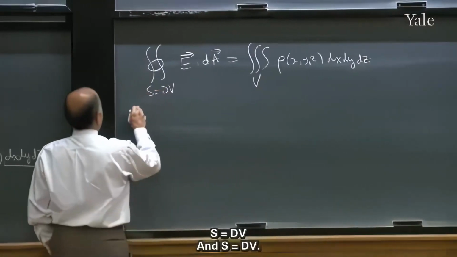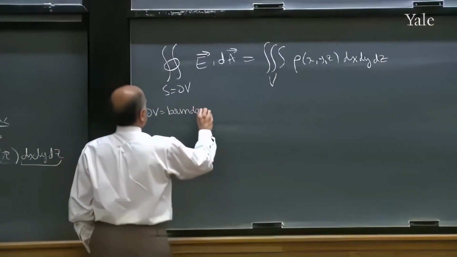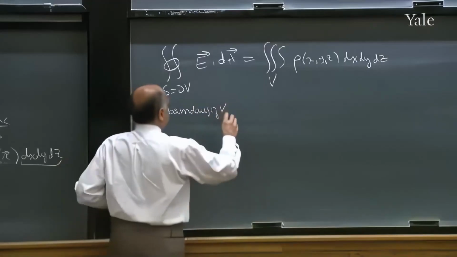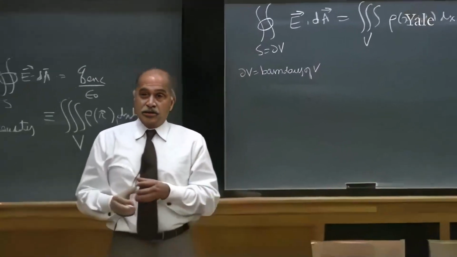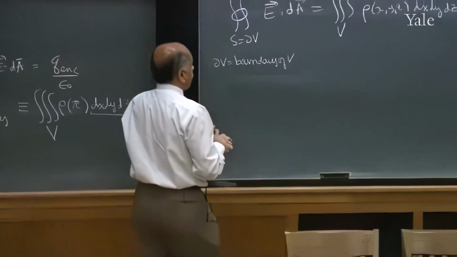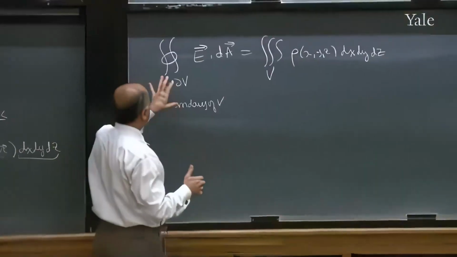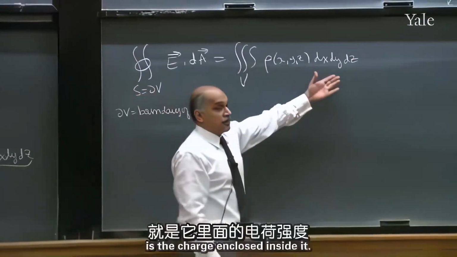And S equals dV. dV is the boundary of V. Now, in other words, if V is like a potato, the skin of the potato is dV. Therefore, if the potato is full of charge, it will emit some electric flux. And the surface integral of the electric flux over the skin of the potato is the charge enclosed inside it.